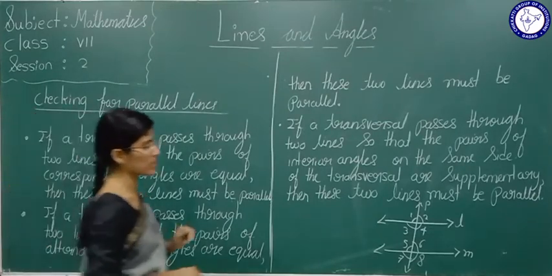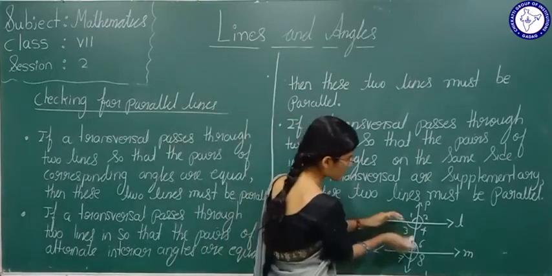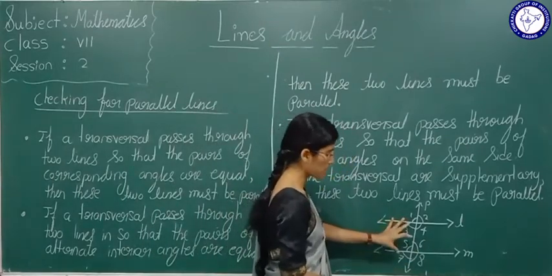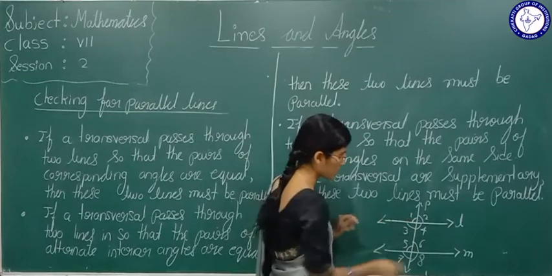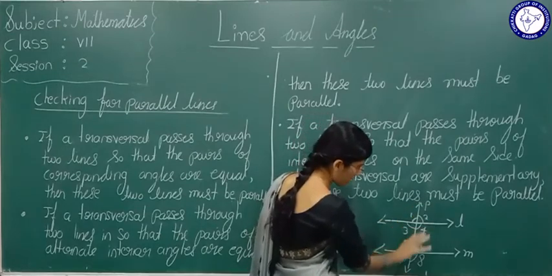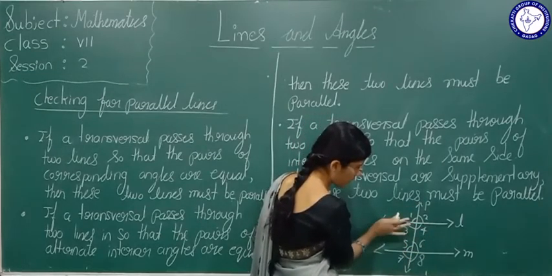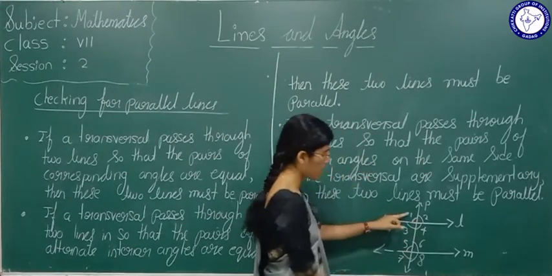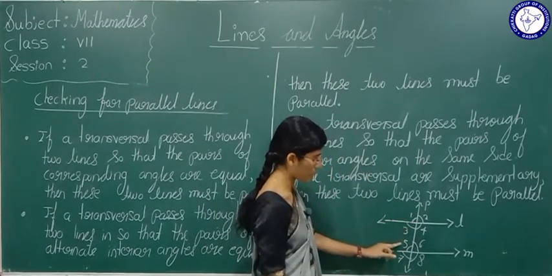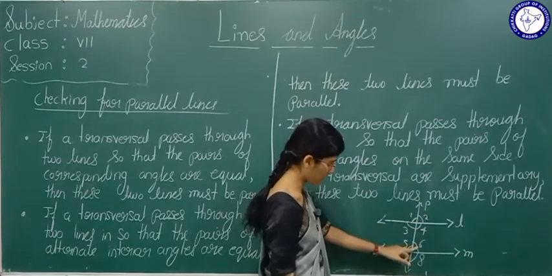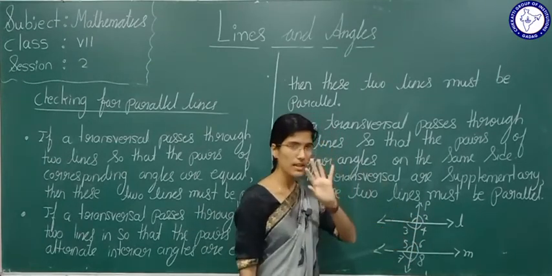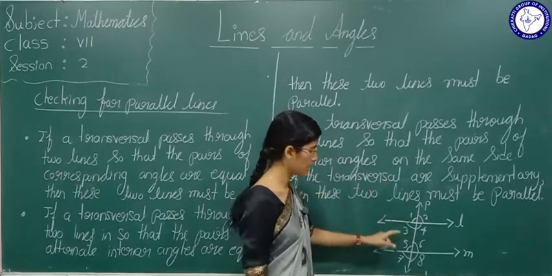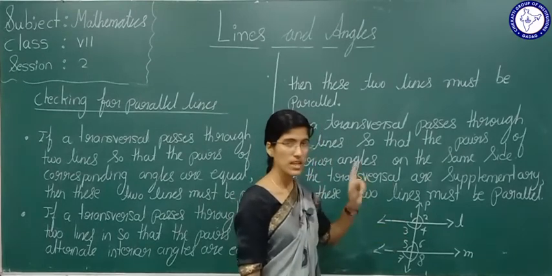Now see here students, if these are two lines, we don't know whether these are parallel or not. Just think these two are lines. If a transversal intersects these two lines, and corresponding angles, angle 1 is equal to angle 5, angle 2 is equal to angle 6, if corresponding angles are equal, then we can tell that these two lines are parallel.